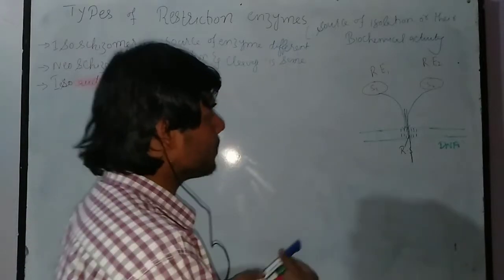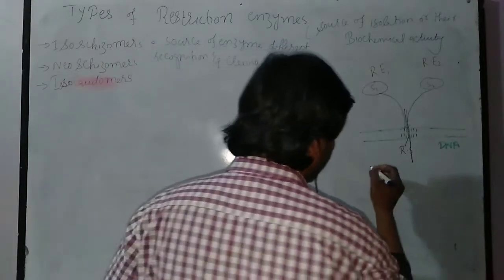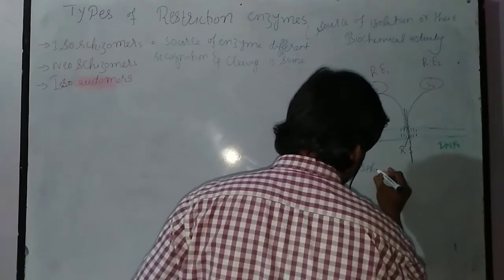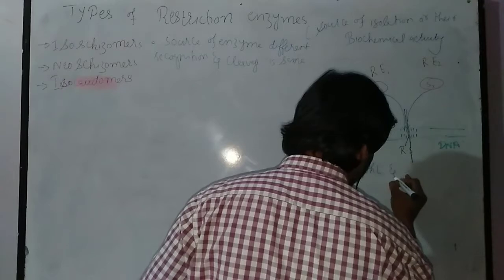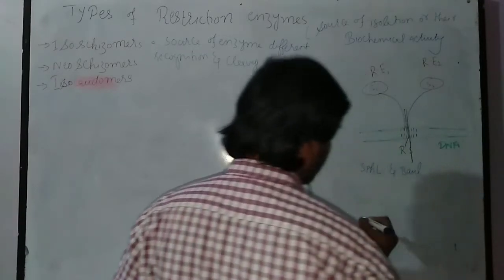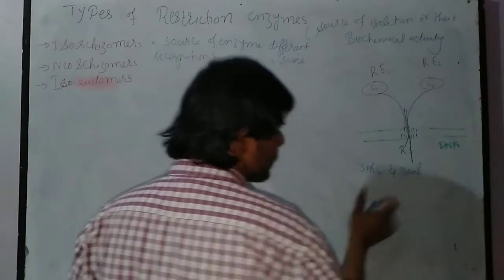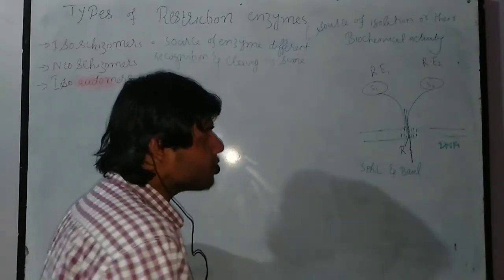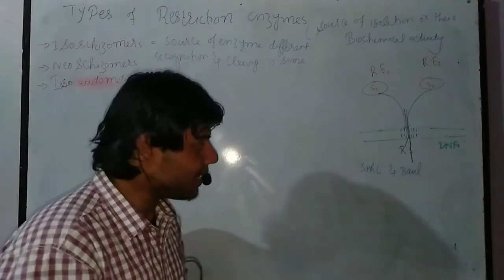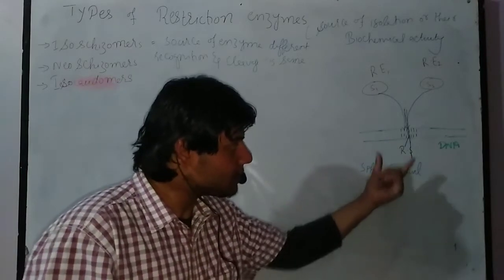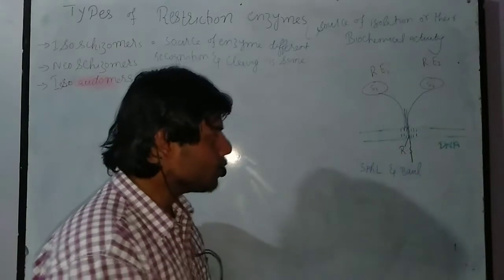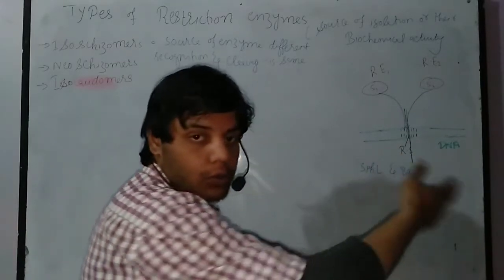In this case we have the examples SphI and BbuI. Now these are restriction enzymes which are isolated from different sources of the cell, and they have the same restriction site as well as recognition site. So they are isoschizomers to each other.